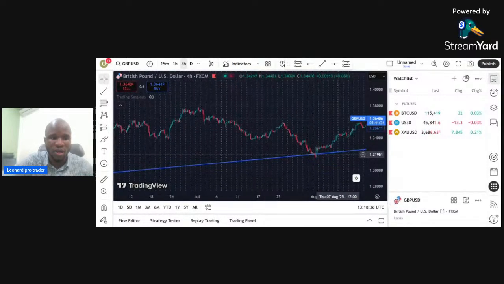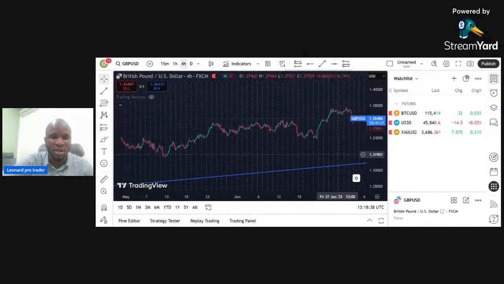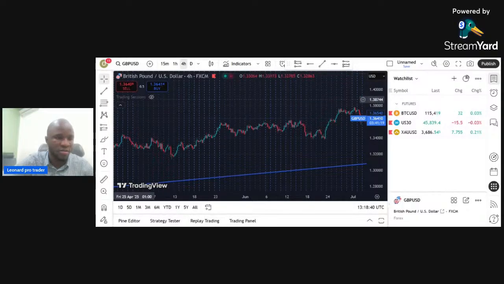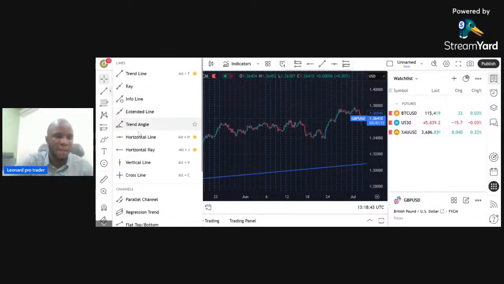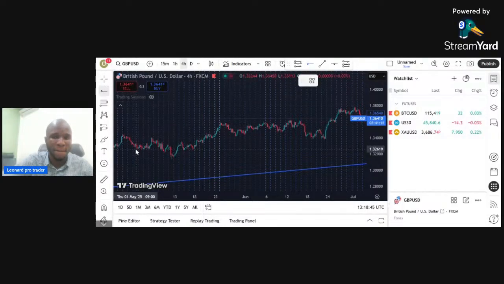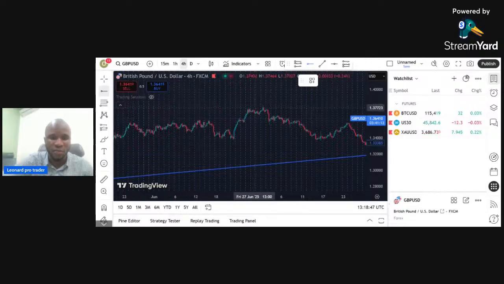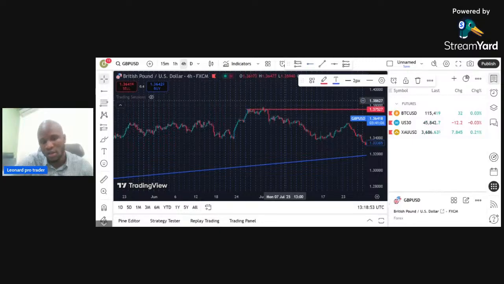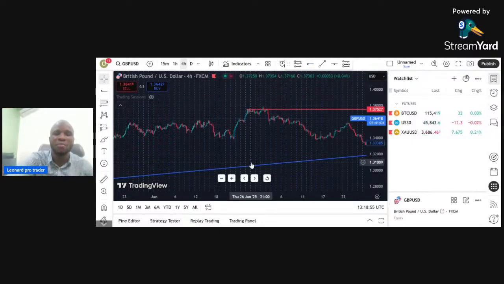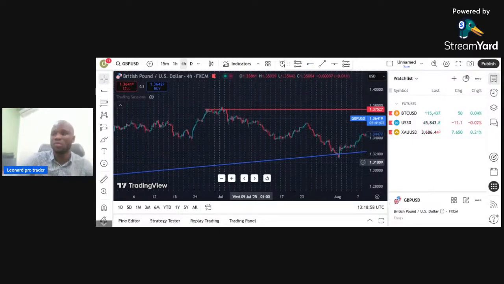So the place I'm looking for price to get to is here, here, here. The key zone just tells you that when price went here, it went down.